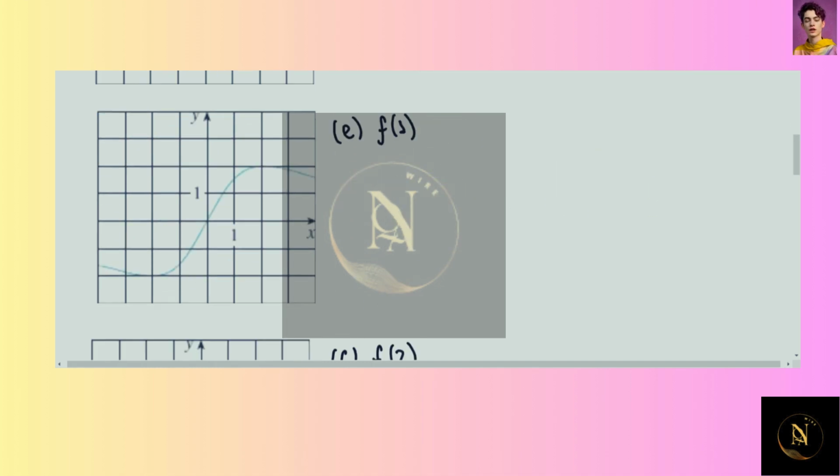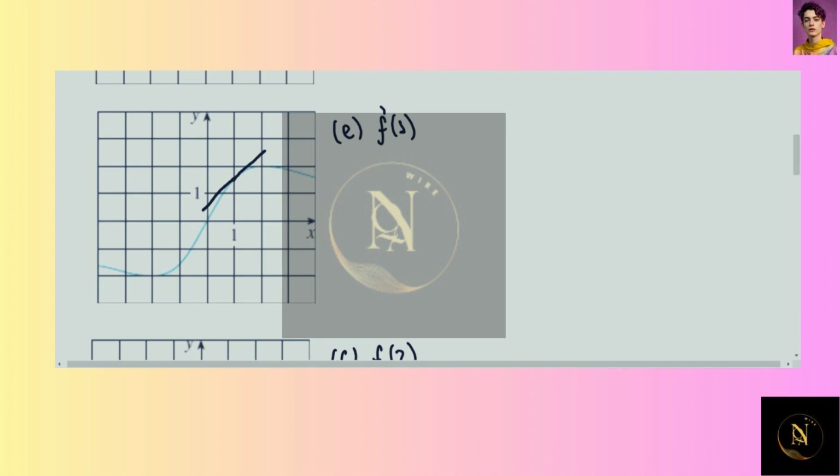So we conclude that the derivative of the function at 0 is equal to 2. Now, for the following value, the derivative at the value x equal to 1, the point is in here. So we're going to try to draw our best tangent line. Let me see, we're going to try starting here as the point.